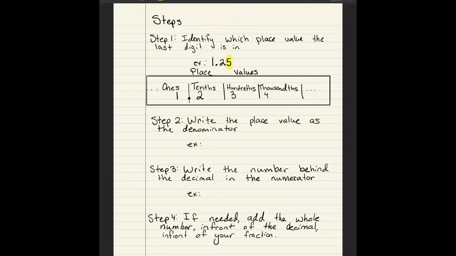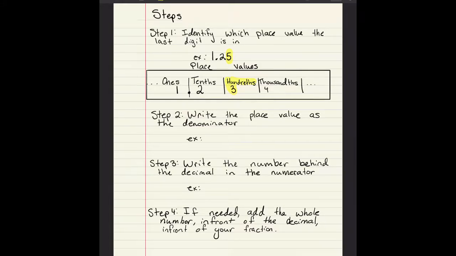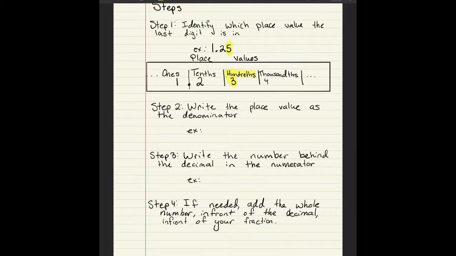If we look at our table for place values, we have 2 in the tenths place. Our 5 is in the second place value from the decimal, right? There's 1, 2, so it's in the hundredths. So I'm going to highlight hundredths.